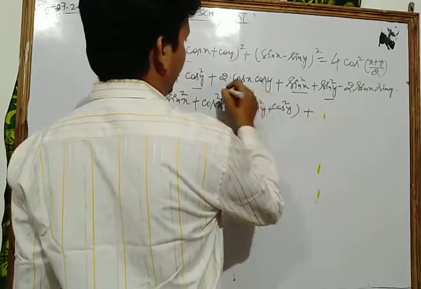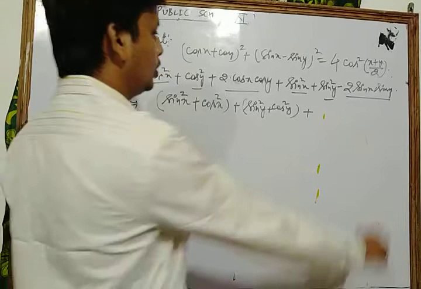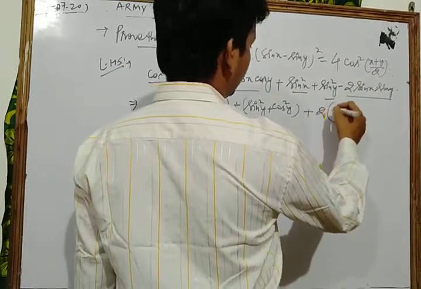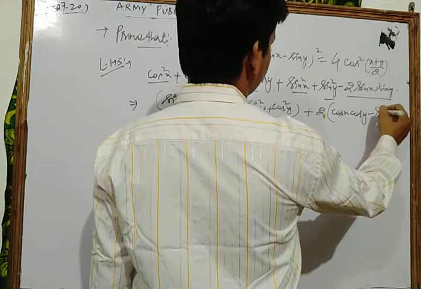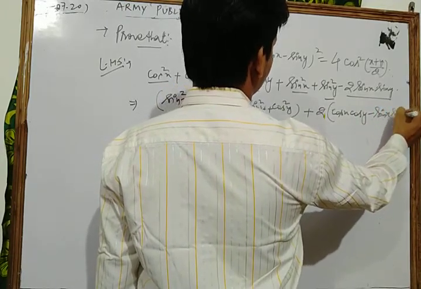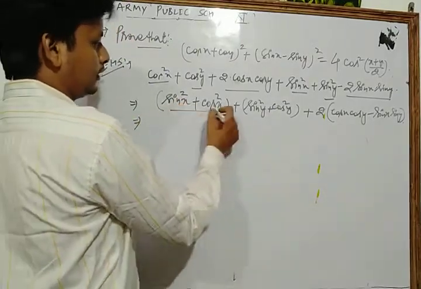Now in those two parts we take 2 as common, so we get cos x cos y minus sin x sin y.